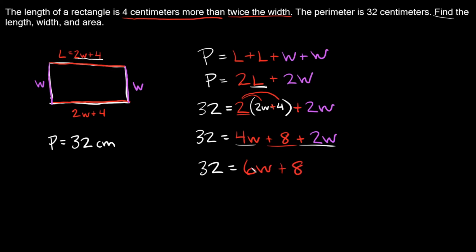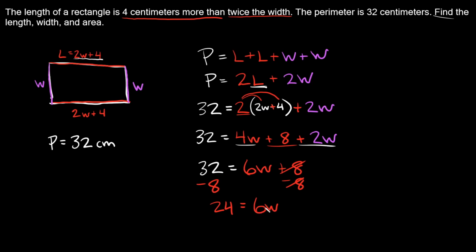Okay, so now solving for w here, we need to get rid of this 8. So in order to do that, I'm going to subtract 8. And what you do to one side of an equation, you do to the other, right? So then these 8's cancel out, plus 8 minus 8. That just goes to 0. So then we're left with 6w is equal to 32 minus 8, which is equal to 24. Okay, and then last thing right here is getting rid of the 6.